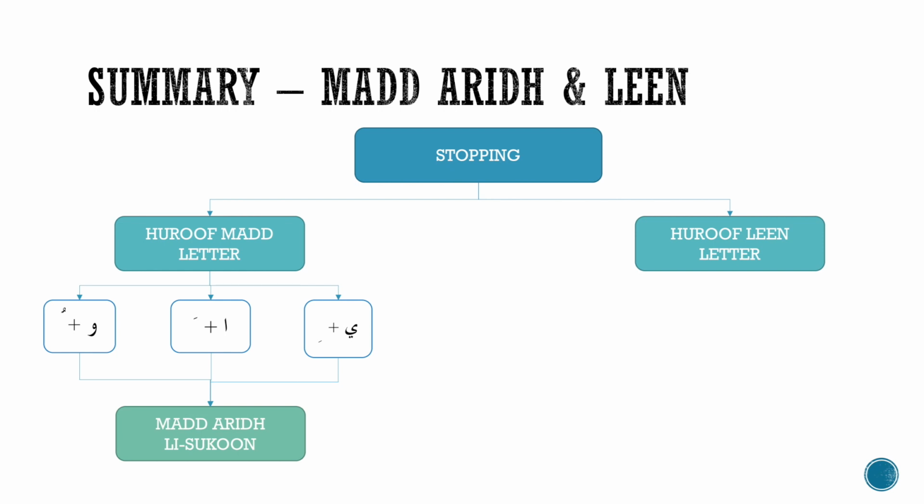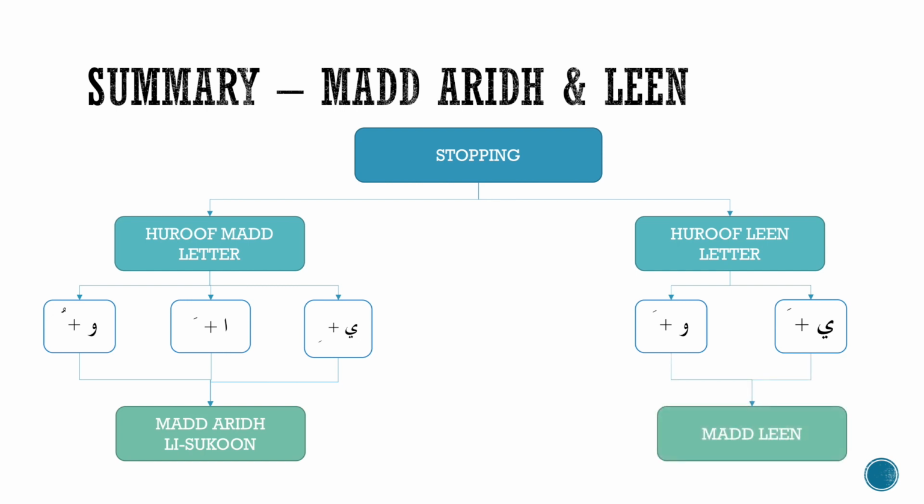So this will be known as mad arid lis sukoon. For huruf leen letters, we have to remember it is a waw sakina preceded by a fatha, a ya sakina preceded by a fatha. This will be known as mad leen if we are stopping on these letters.